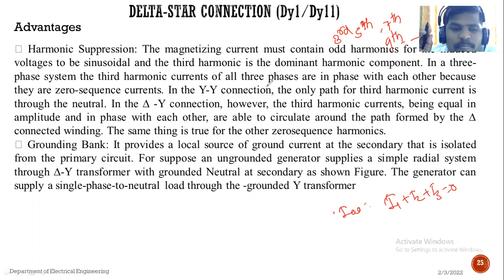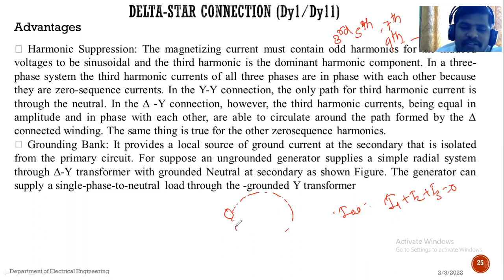Okay, see, suppose any one of the generators will supply a simple radial system. So generators can be connected in parallel and will supply a radial power system. Radial power system is nothing but a radial connection, or it may be a ring type distribution.